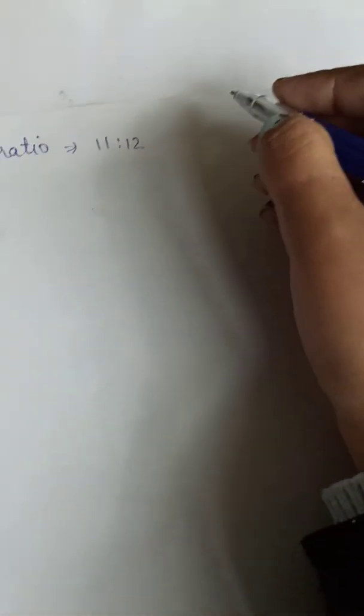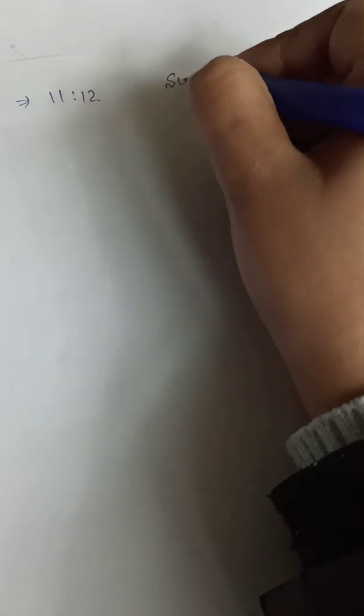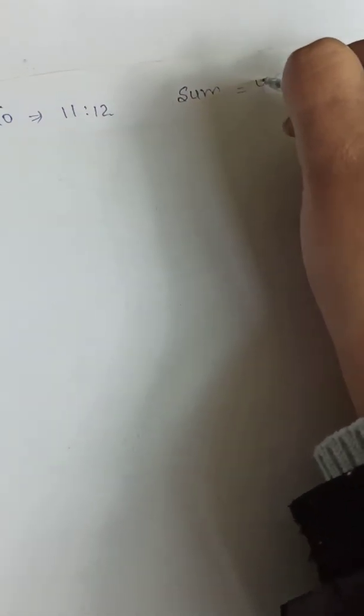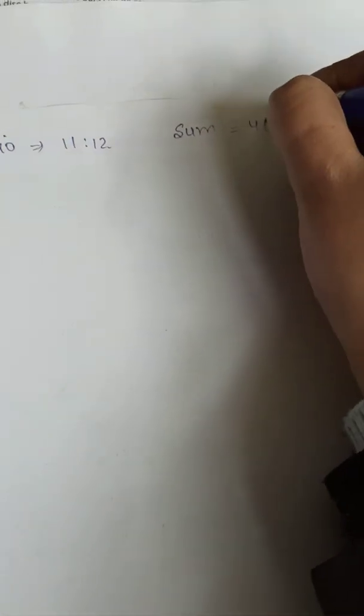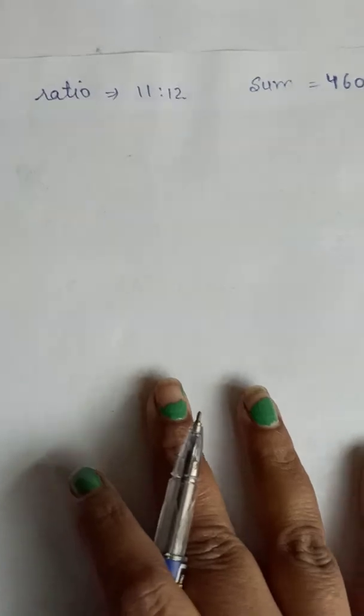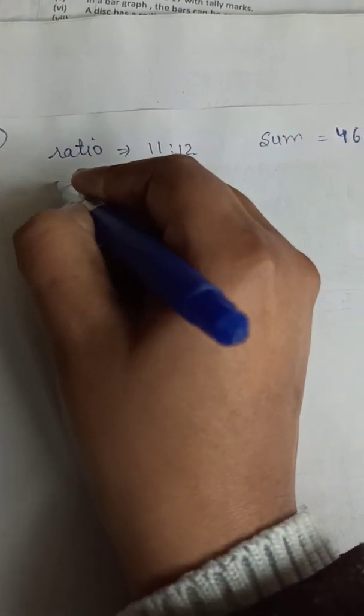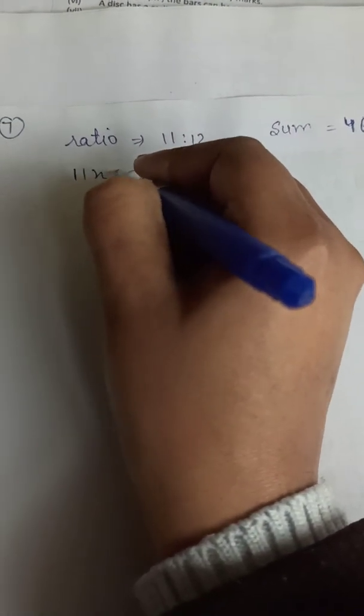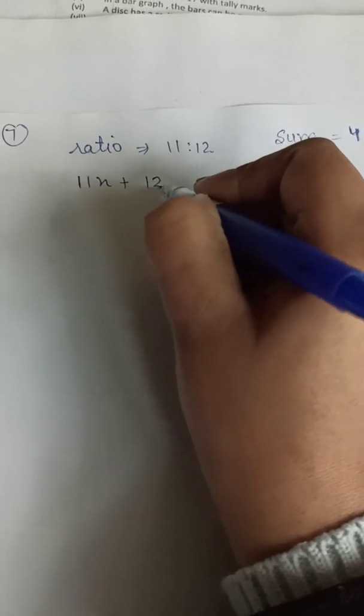If their sum is 460, then the numbers are. So see, it is the same as the first question. We will take this one 11x plus this one 12x. It equals 460.